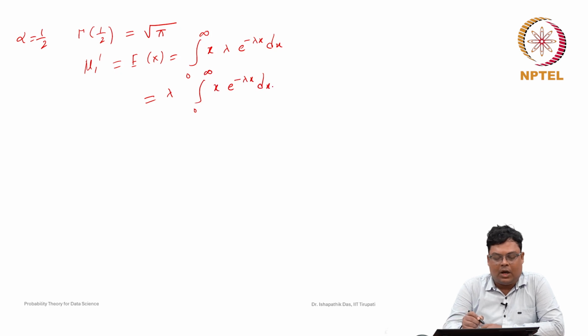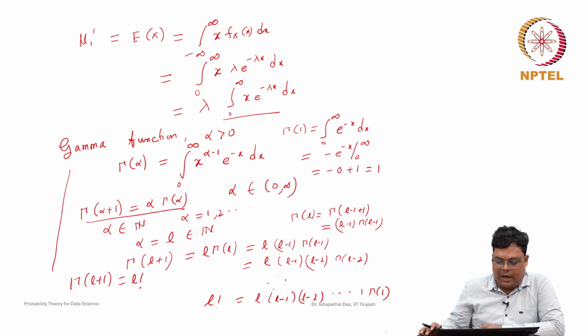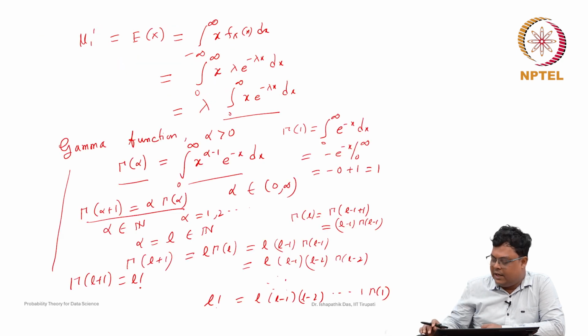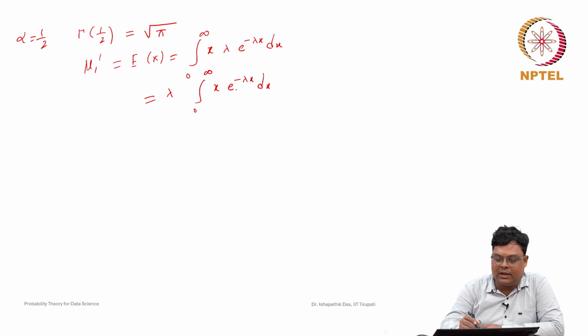As we know some values for this kind of integration, we will take a transformation such that this integral looks like the gamma integral, which has the form e to the power of minus x and x to some power. Here it is e to the power of minus lambda x.